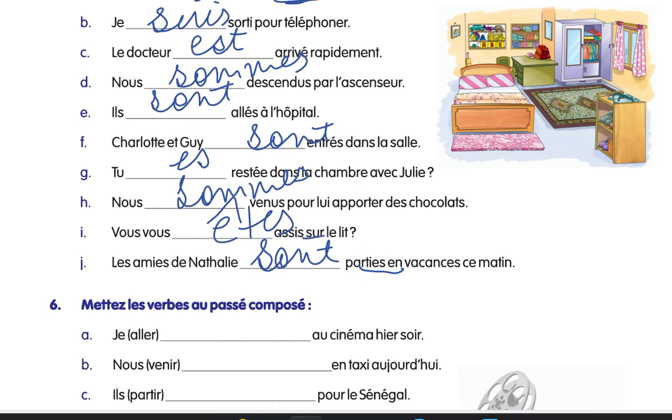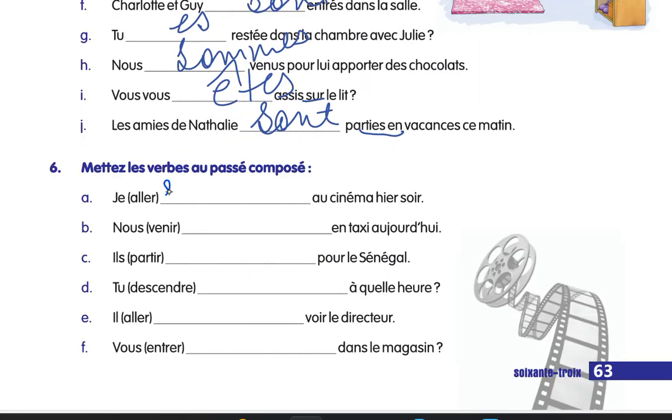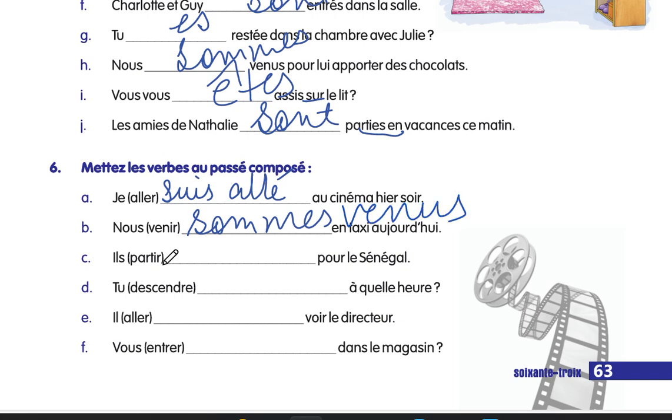Okay. The fourth part: mettre le verbe au passé composé. Aller verb is with the être verb. Je suis allé au cinéma. Venir is also with être. Nous sommes venus. Ils sont partis.